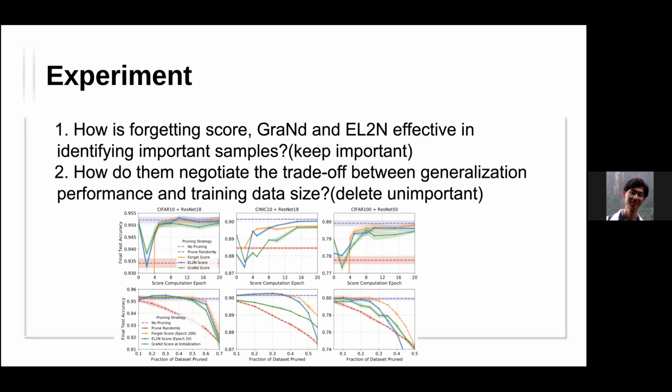And what if we also give the gradient score the first 20 epochs of training? They didn't compare this.